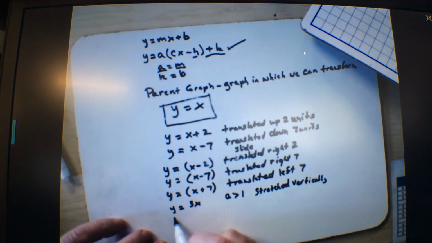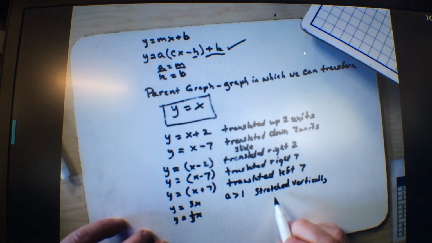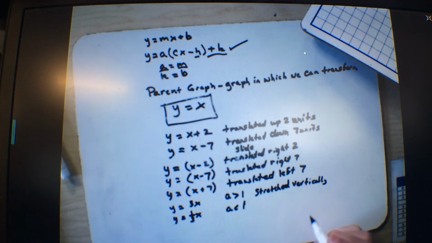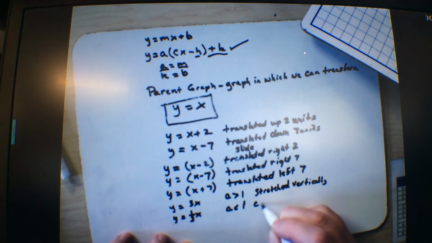I go y equals 1/3 x. A is less than 1, right? Do you understand that? It's less than 1. If this happens, okay, we're compressed vertically.